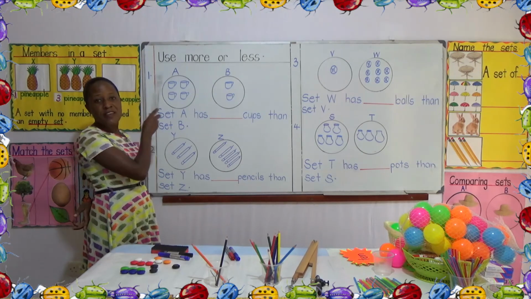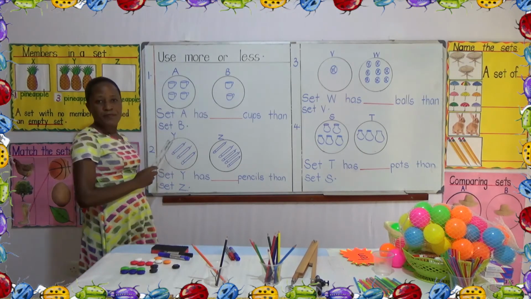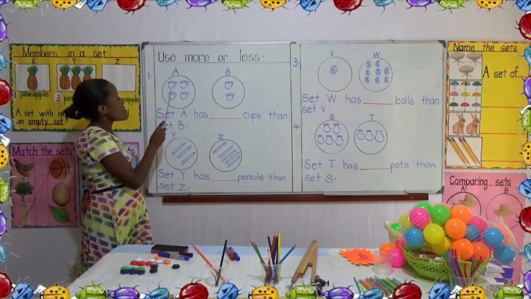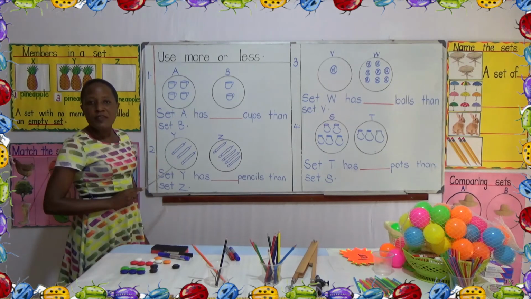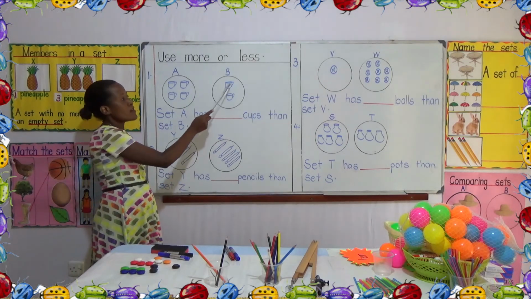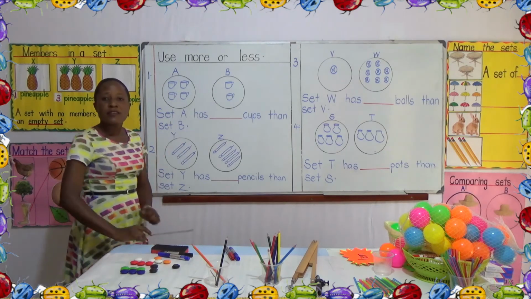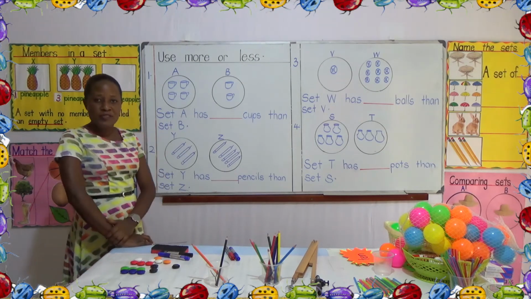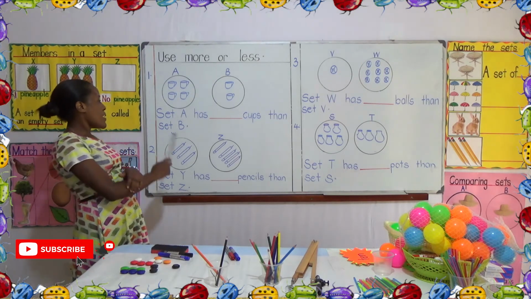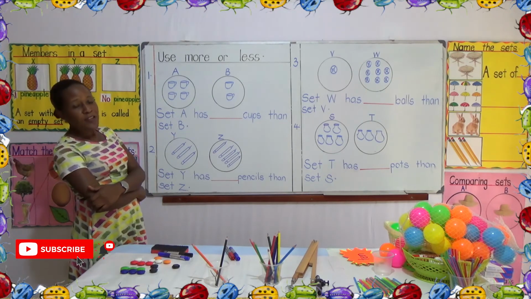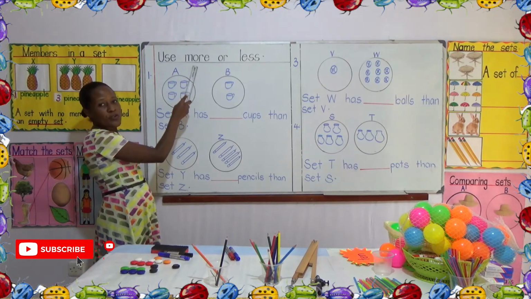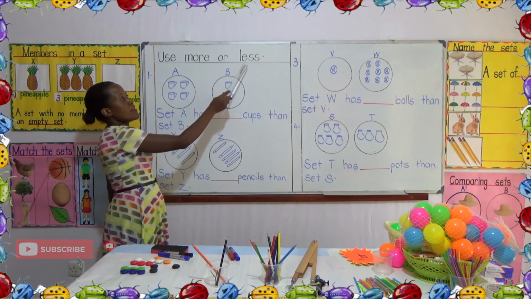Number 1 has set A and set B. Set A has 1, 2, 3, 4 cups. Set A has 4 cups. And set B has 1, 2. Set B has 2 cups. Now, we are given a sentence here, and you're supposed to use either the word more or the word less.